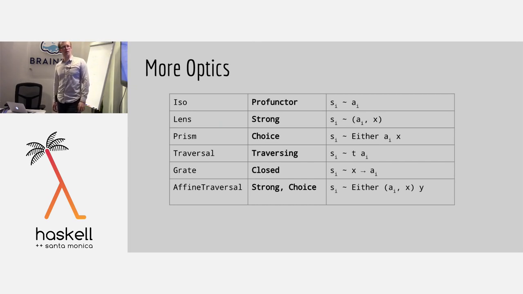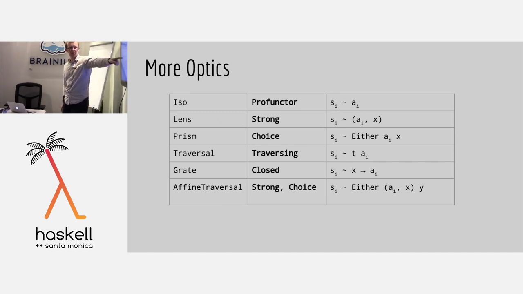Okay, so Iso says S and A are just isomorphic. Lens says S is isomorphic to a tuple, and one of the things in the tuple is going to be A. Prism says the same thing with a sum. S is isomorphic to a sum, and one of the summands has to be A. Traversal says S is isomorphic to a finitary container or traversable container of A's.